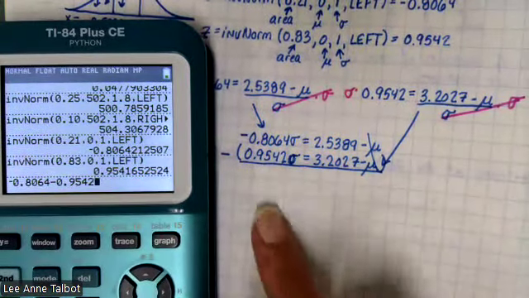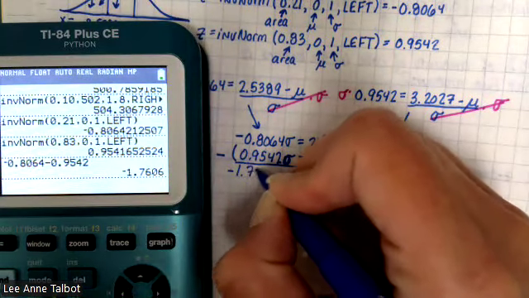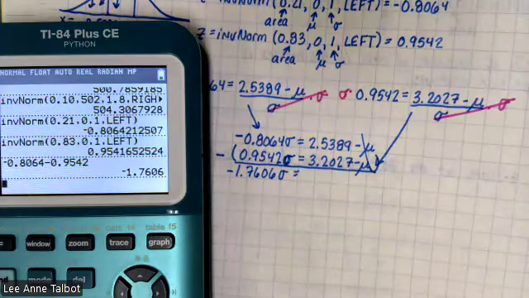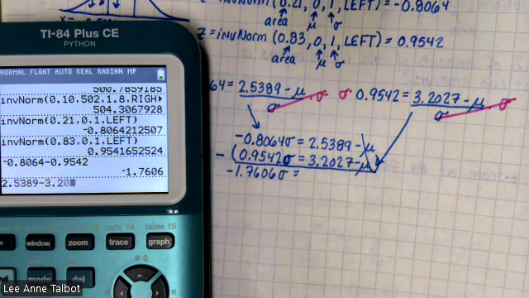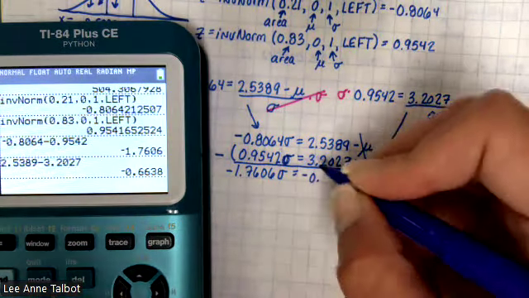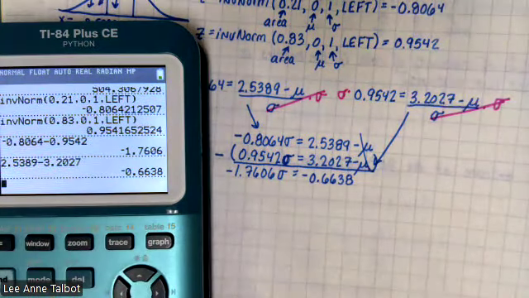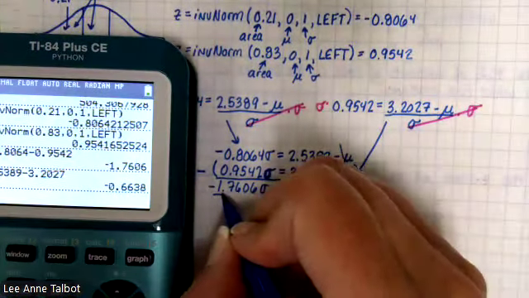Let's subtract these. And then subtract these. And then divide both sides.